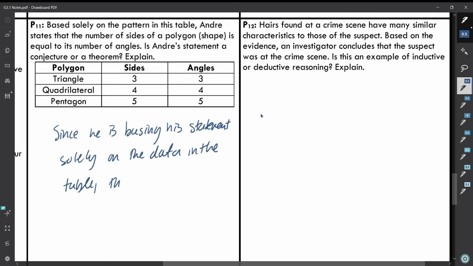his statement is a conjecture because he's using inductive reasoning, and inductive reasoning only creates conjectures, right? Because these conjectures are not proven for all possible shapes. Okay.